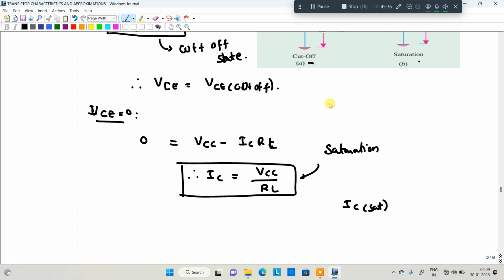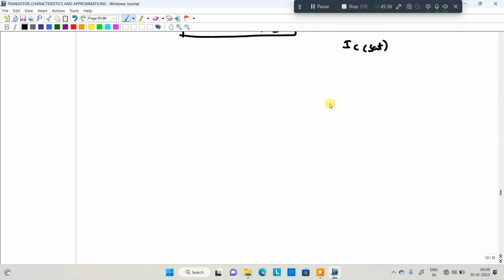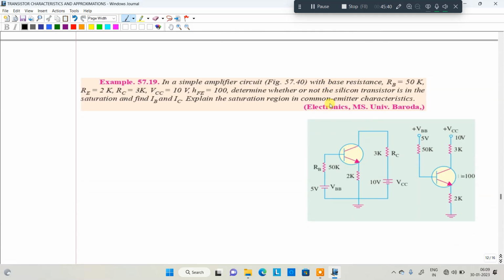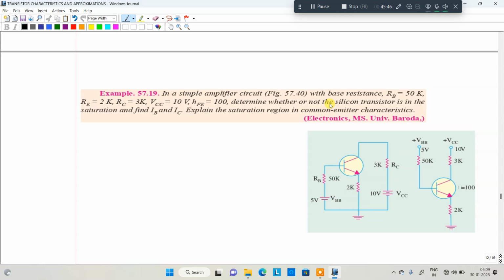So with the help of that, we are going to take one problem based on cutoff and saturation, and we will end this particular video. In this simple amplifier shown in the figure, base resistance RB is 50 kilo ohm, RE is a 2 kilo ohm emitter resistance, and RC is 3 kilo ohm.